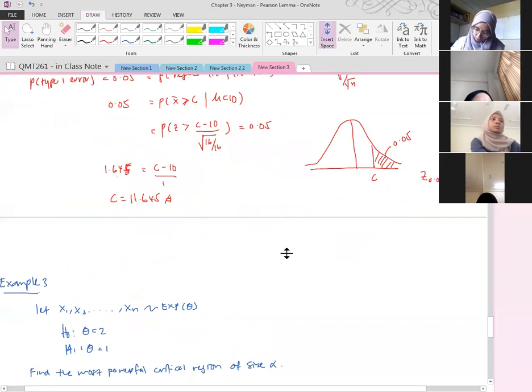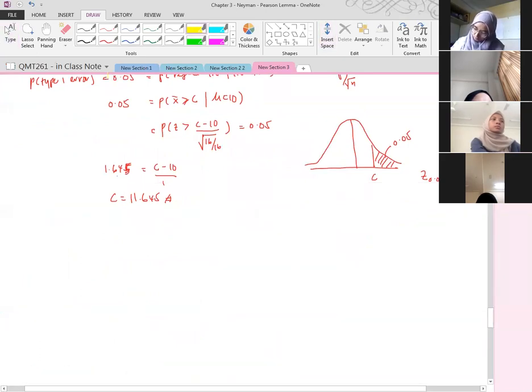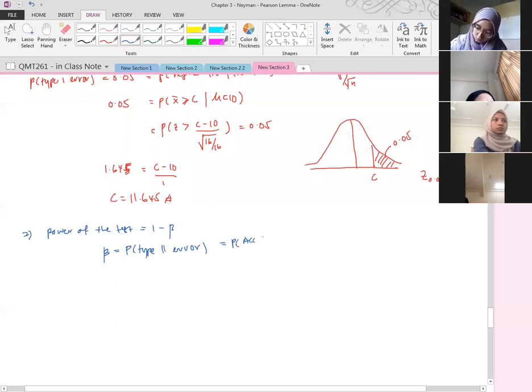Number 2, the power of the test is equal to 1 minus beta, and beta is the probability of type 2 error, which is the probability of accepting the null hypothesis when the null hypothesis is false.